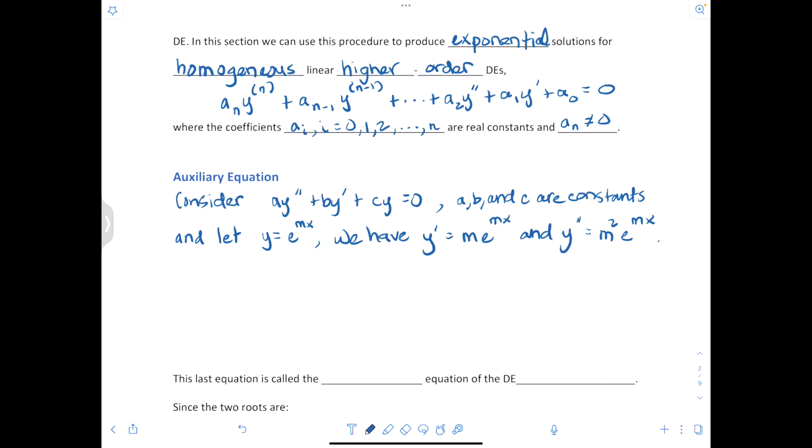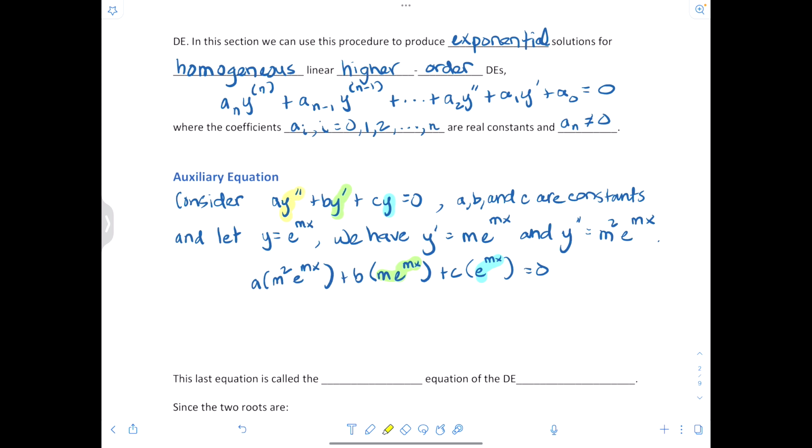So if you substitute into the equation we started with, we would have a times y double prime, which would be m squared e to the mx, plus b times y prime, which was m e to the mx, plus c times y, which was e to the mx, is equal to 0. So all I did is substitute in y equal e to the mx and then the derivatives.